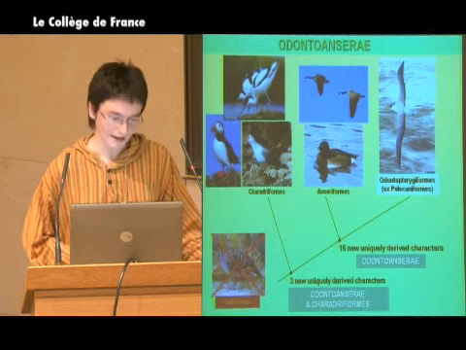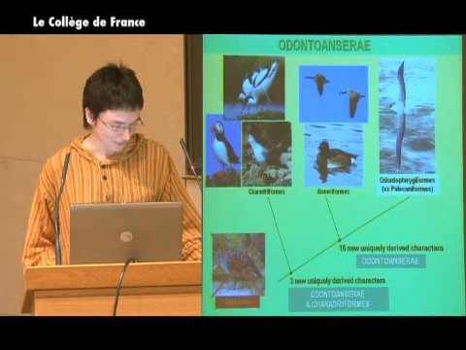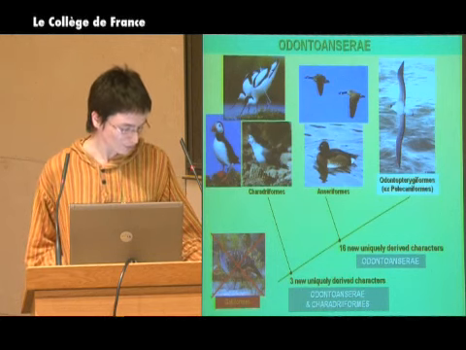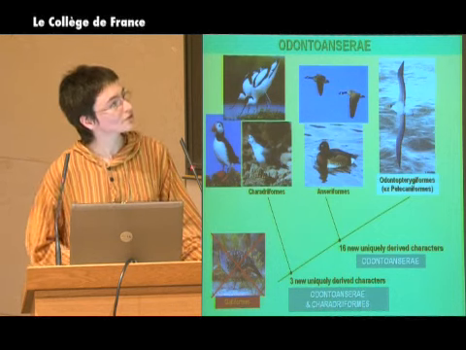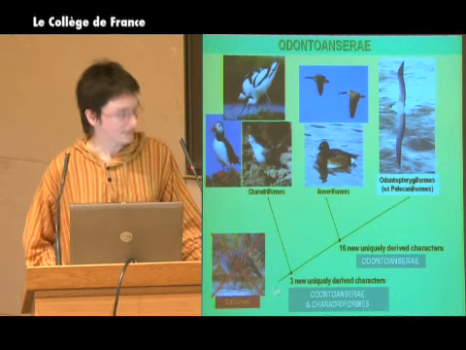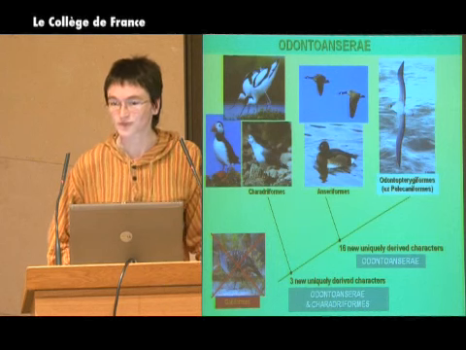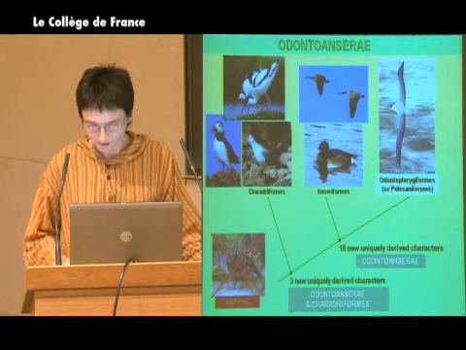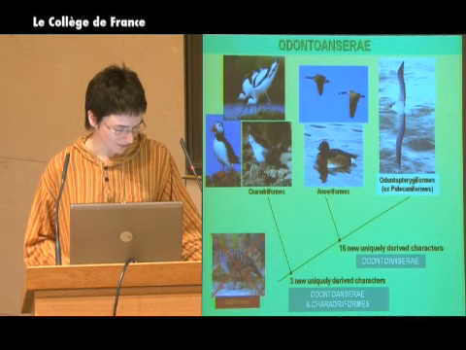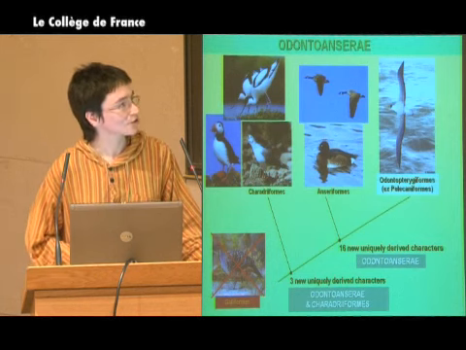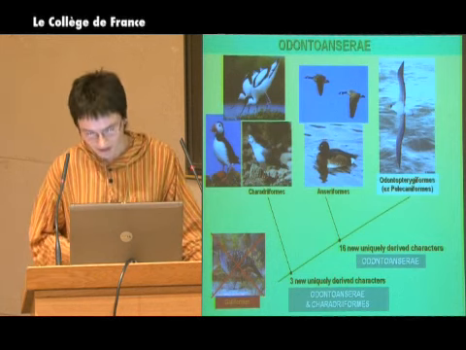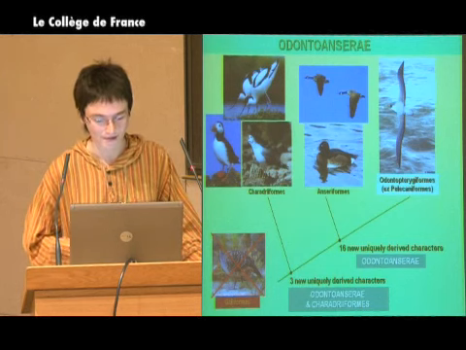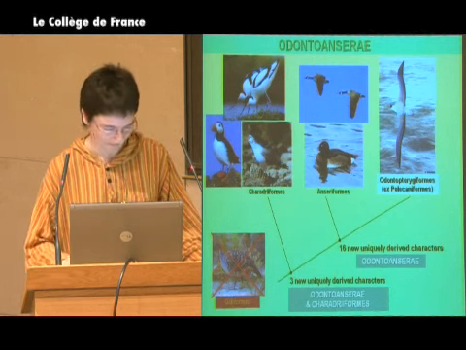So I propose a few characters that support a sister group relationship between Odontoanserae and Charadriiforms, or the shorebirds and the gulls. And it constitutes a large clade of water birds. And it also shows that galliforms are not sister to the Odontoanserae.